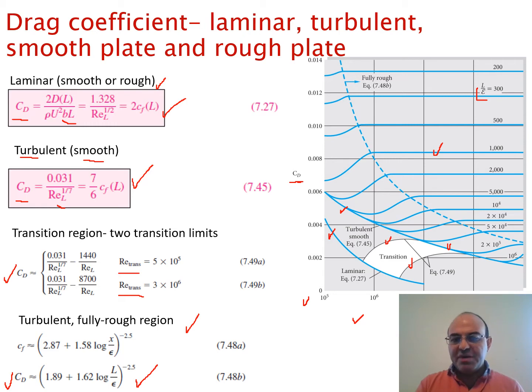In between, from smooth to fully rough, you see the curves here, but we don't have a separate equation for this part, because then we would need many equations. In such cases where it is not fully rough, the curve can be used directly.